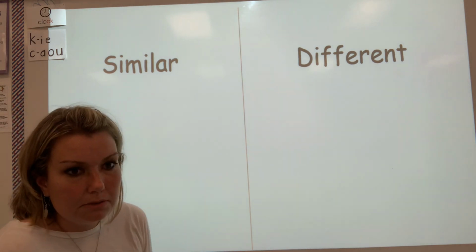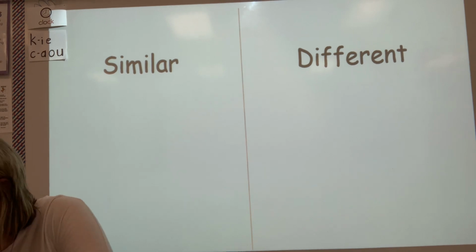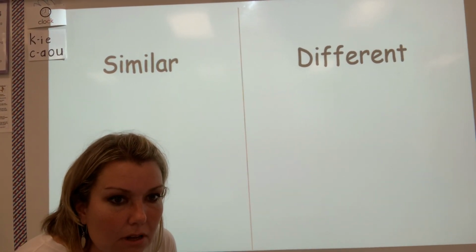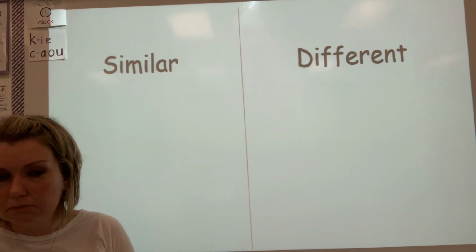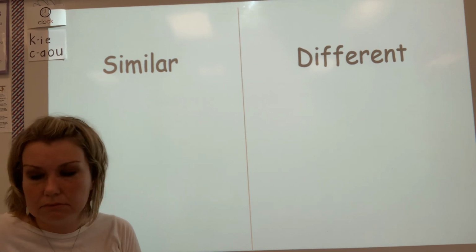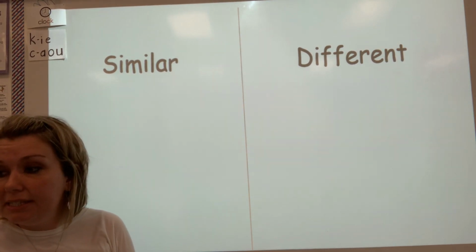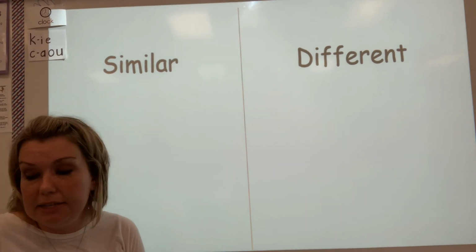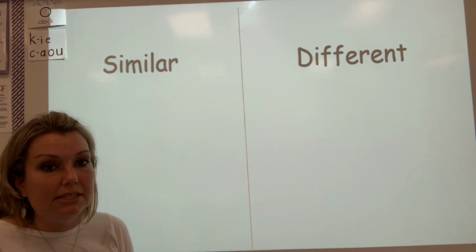So, plants start out as what? What do they start out as? Estelle? A tiny plant. Yeah, they actually start as seeds before they grow into a seedling. So they start out as seeds and they grow into the seedlings.